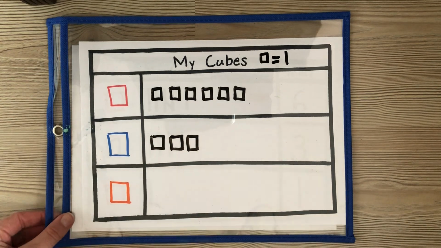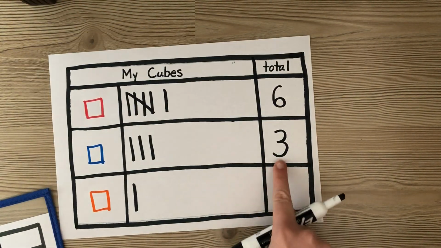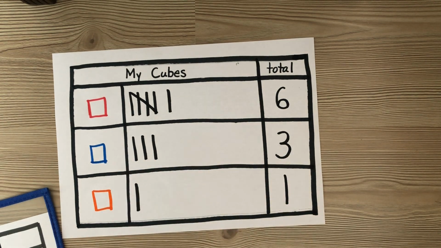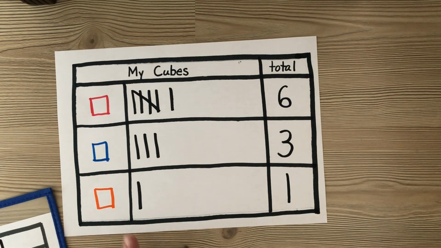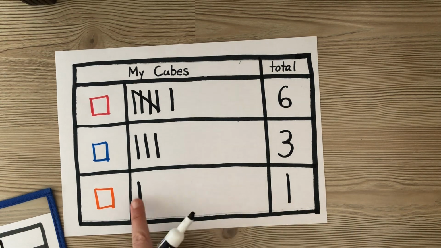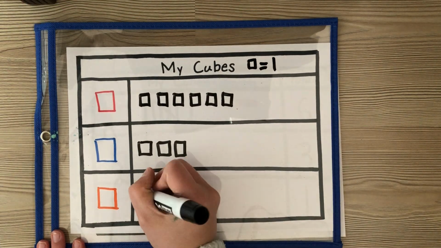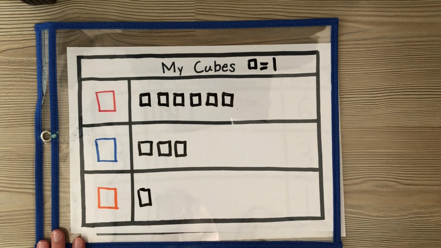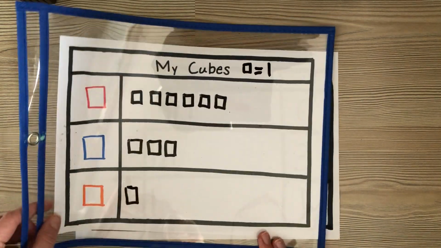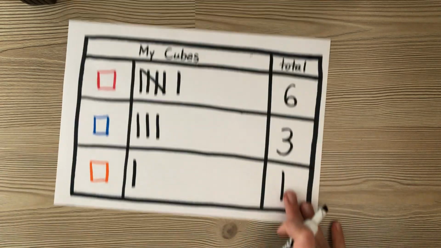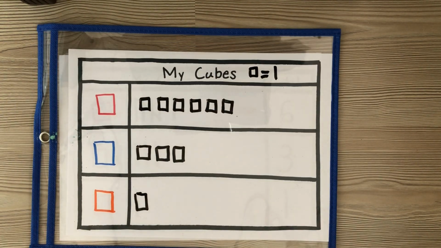My picture graph tells me I have 3 blue cubes, and my tally chart also tells me I have 3 blue cubes. And lastly, we are going to take this information, 1 orange cube, and put it on our picture graph. 1 orange cube. So now I have a tally chart and a picture graph that both have the same data, the same information.